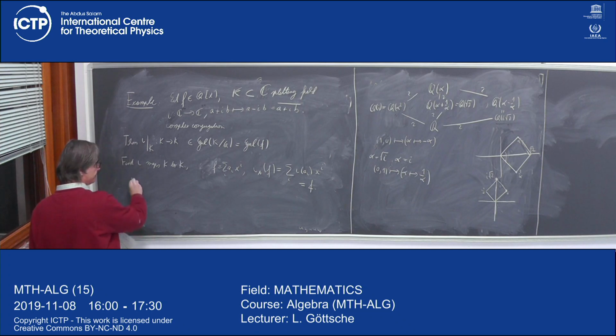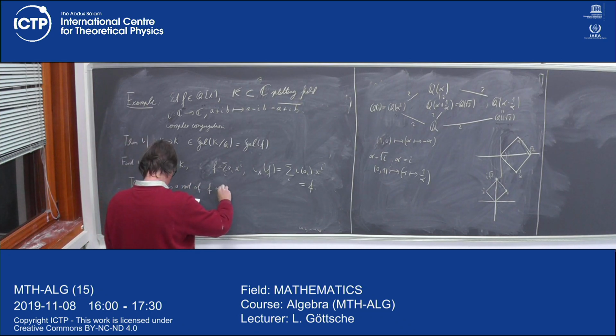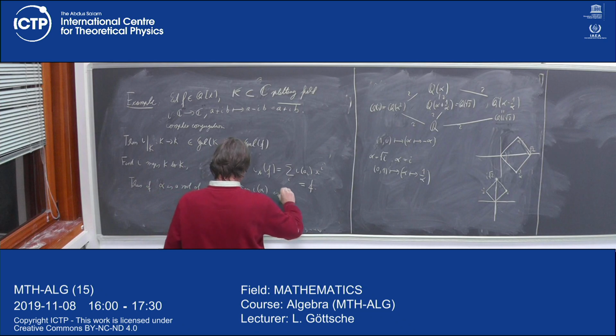So thus, if alpha is a root of f in K, then iota of alpha is also a root.